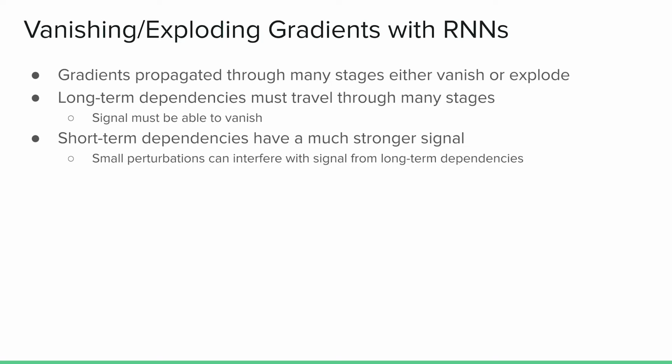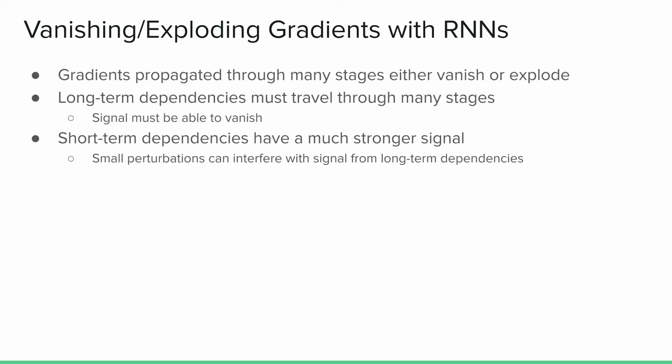And we need to have this long-term dependency preserved. We can't forget about it. But on the other side, we must have the option to disregard certain information. So for that information to remain in our forward pass, in our signal, we have to be able to drop other information. So some parts of the signal must have the ability to vanish, while others must be preserved.